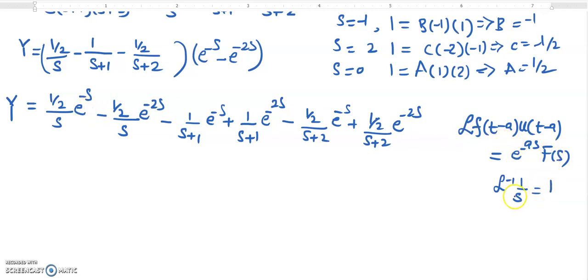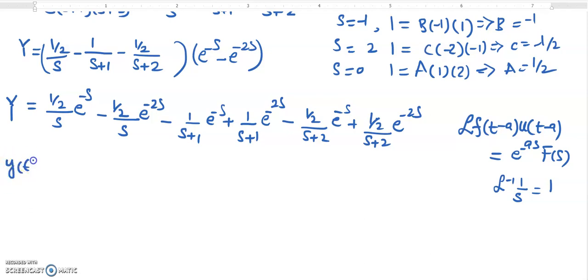So 1 by 2 is here as a coefficient, so we don't do anything with that.